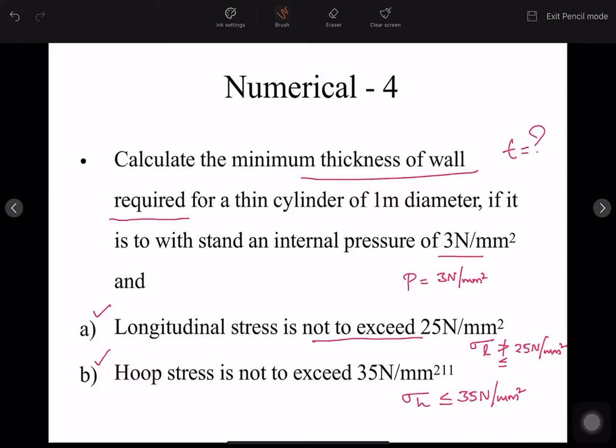The second condition is hoop stress less than or equal to 35 Newton per mm square. By using these two conditions we'll get t1 and t2, right? By comparing these two values, he is asking us to find the minimum thickness of the wall.